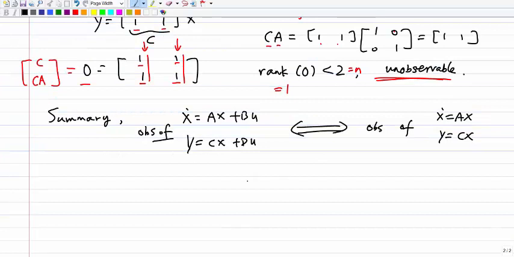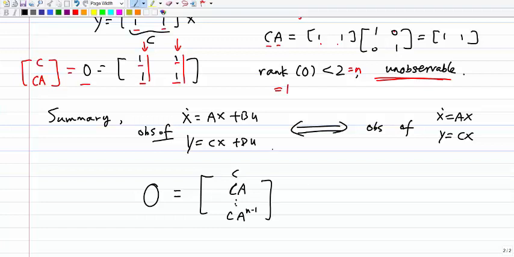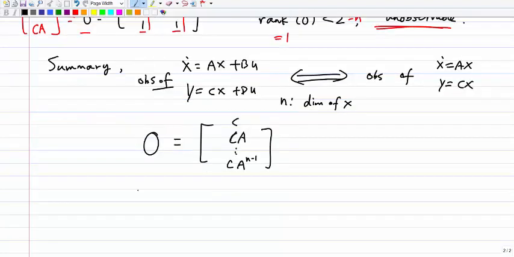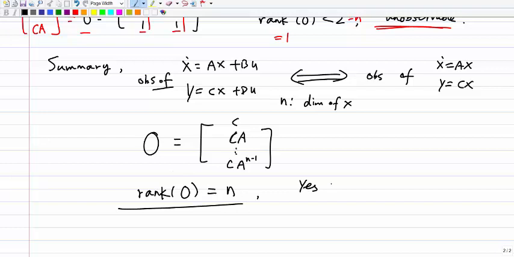The most popular way to check the observability of this linear time invariant system is given by O, which is C, CA, until CA^(n-1), where n is the dimension of x. We check if the rank of this matrix O is equal to n. Yes, observable. No, unobservable.